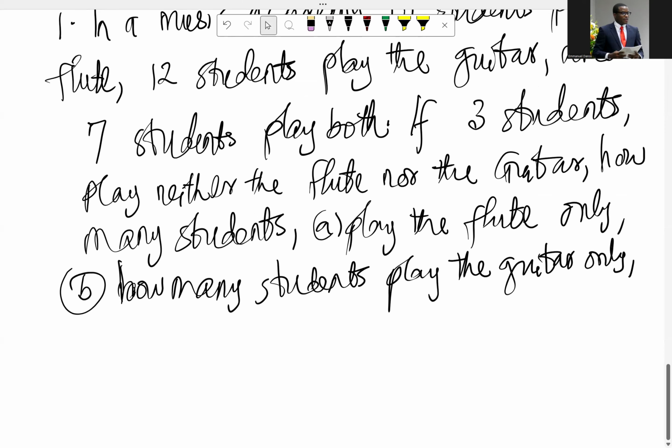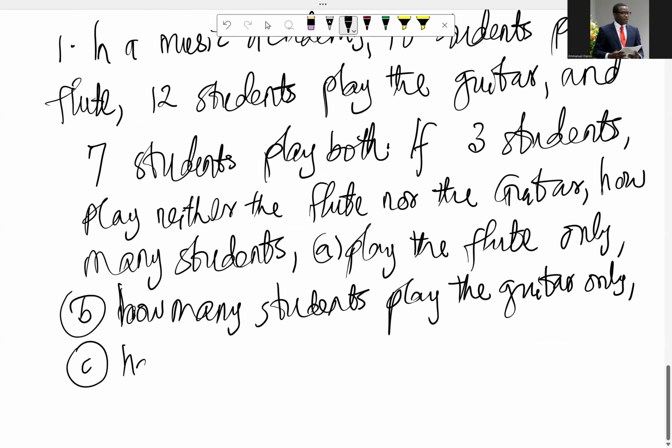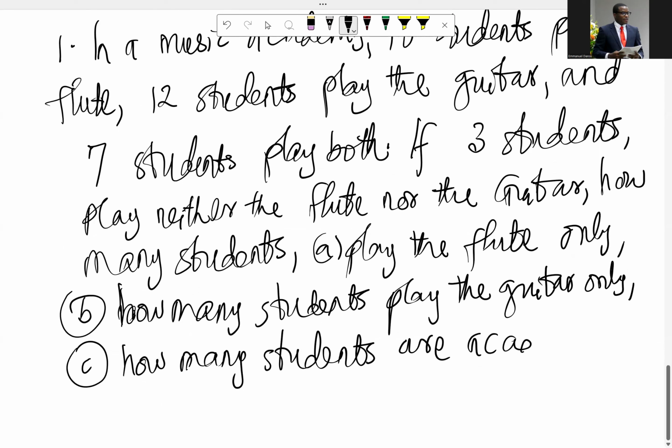And lastly, C, how many students are in the academy? We are assuming that all the academy is about is playing flute and guitar. If we assume that, we want to see how many students are in the academy.